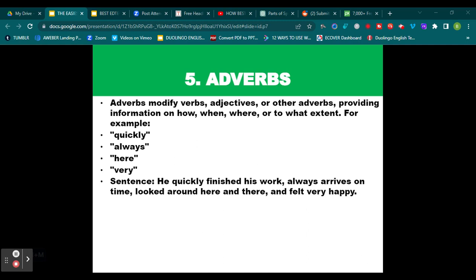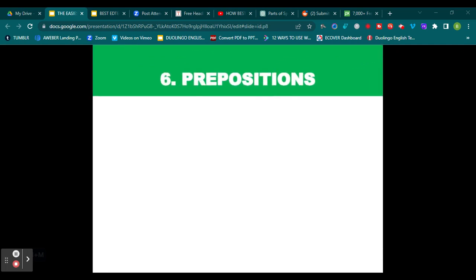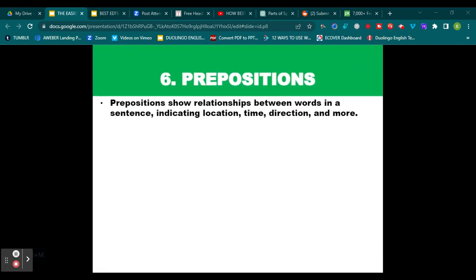And this brings us to number 6, which is prepositions. Prepositions show relationships between words in a sentence, indicating location, time, direction, and more. Let's look at examples.